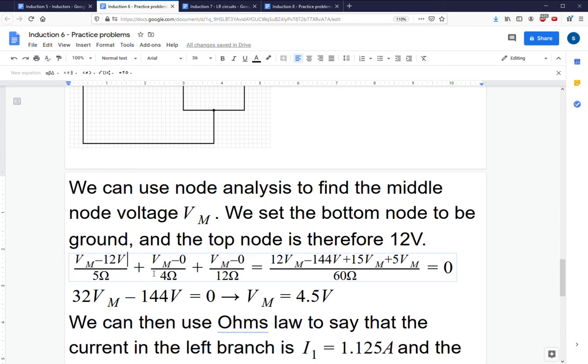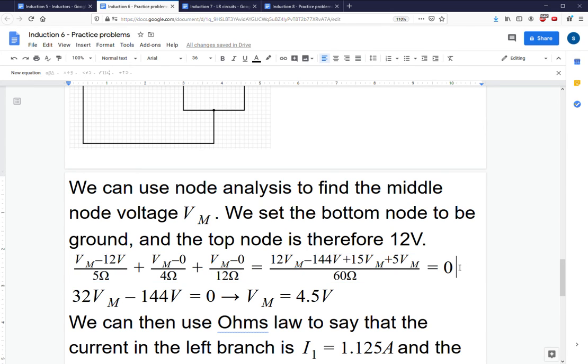Now we have a bunch of different denominators, so the least common multiple of 5, 4, and 12 is 60. So let's convert each of these to being over 60 ohms. So this term needs to be multiplied by 12. That gives us 12 Vm minus 144 volts. This needs to be multiplied by 15, so that gives us plus 15 Vm. And this needs to be multiplied by 5, so that gives us plus 5 Vm.